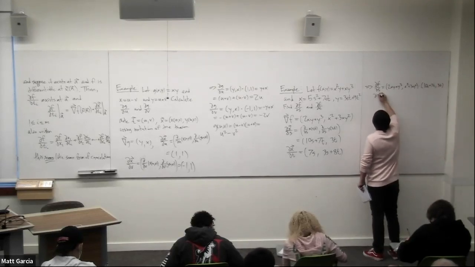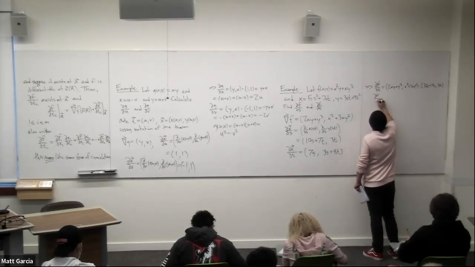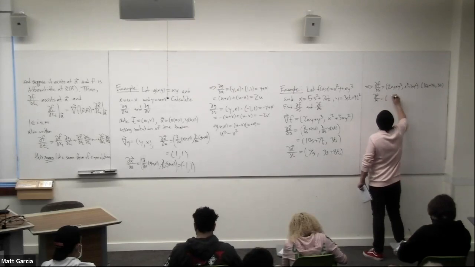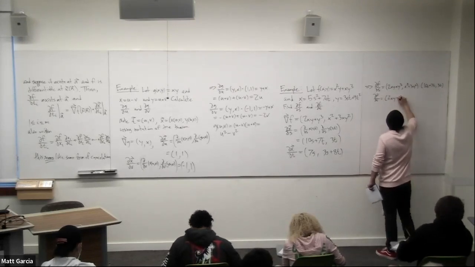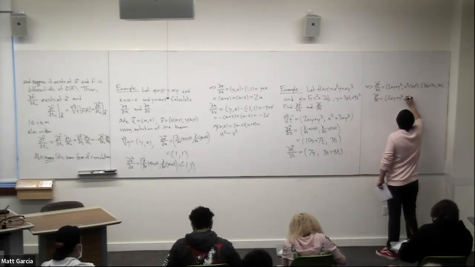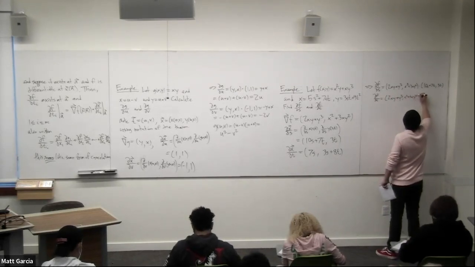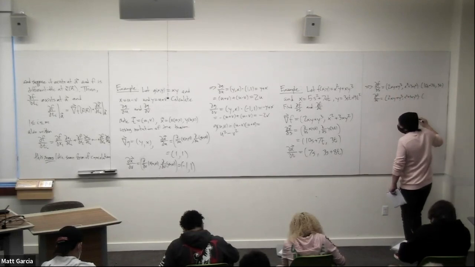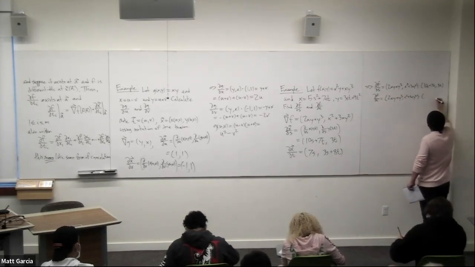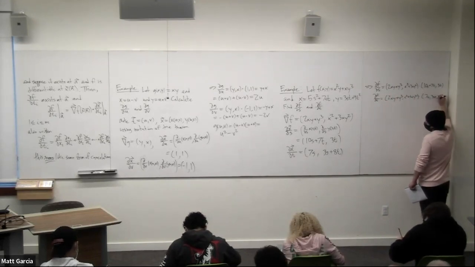And the partial derivative with respect to t, we take the gradient dotted with partial x hat partial t, (7s, 3s plus 8t).